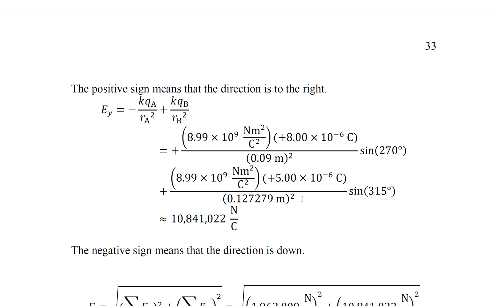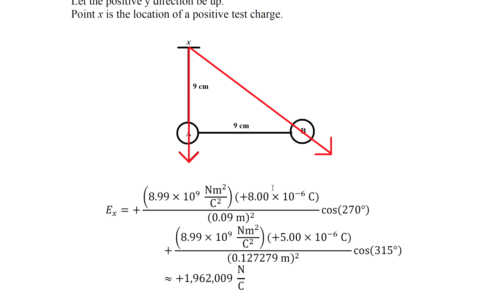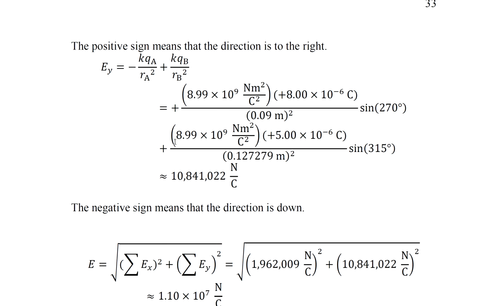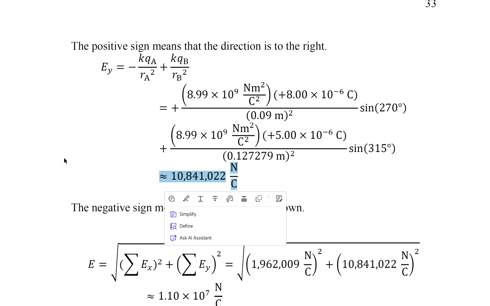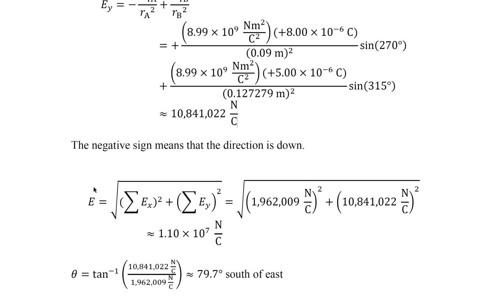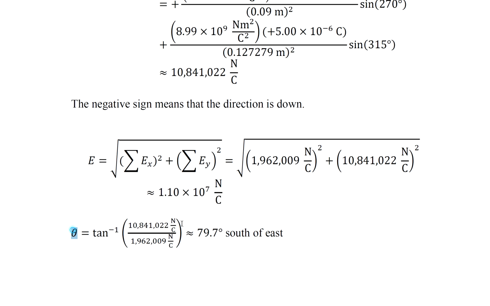And E sub y is this. And you notice they're both pulling this down. So E sub y should be negative. There should be a negative sign. And this is our solution for E. That's the magnitude. This is the direction.